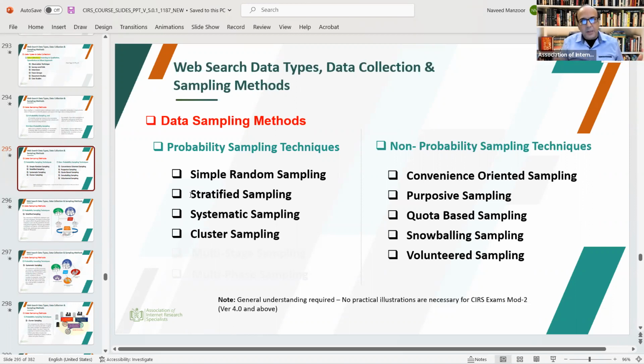I'm calling strata groups, but groups is the same thing as strata. Strata basically represent a class A sample, or class B sample, or class C sample. So there could be these three strata that you can create, and then you randomize out of those different strata.